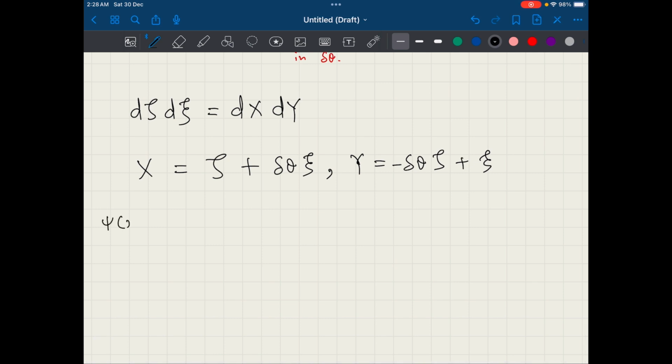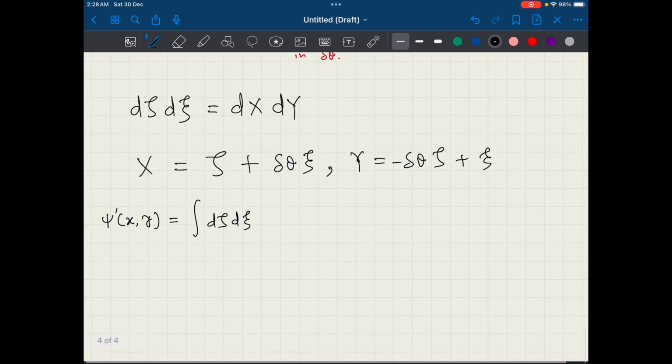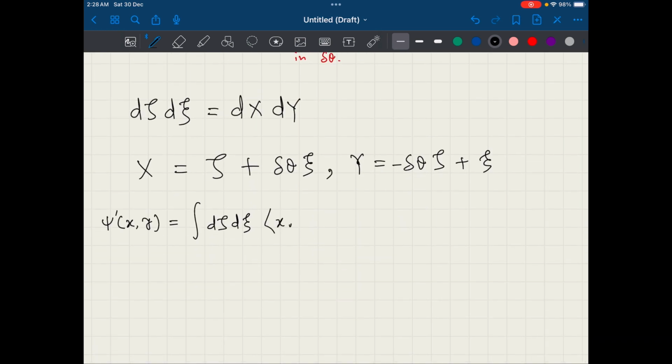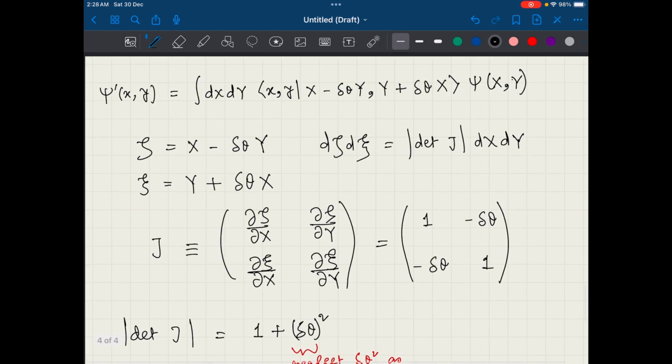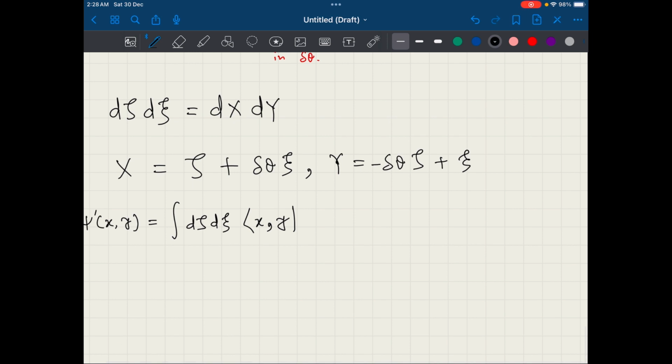Psi prime of x and y is the integral d zeta d xi, and there we have the bra x y with the ket zeta xi, and this is psi of the earlier capital X and capital Y, so it is replaced as psi of zeta plus delta theta xi, minus delta theta zeta plus xi.